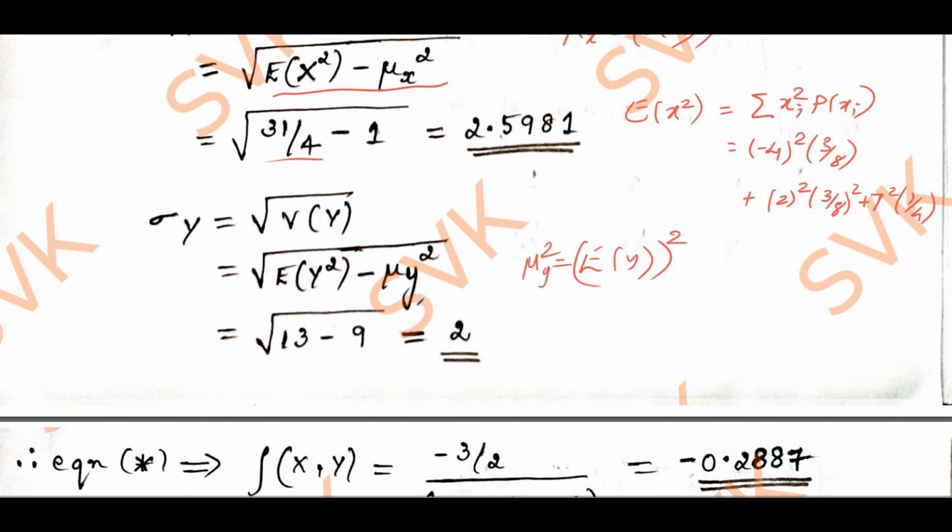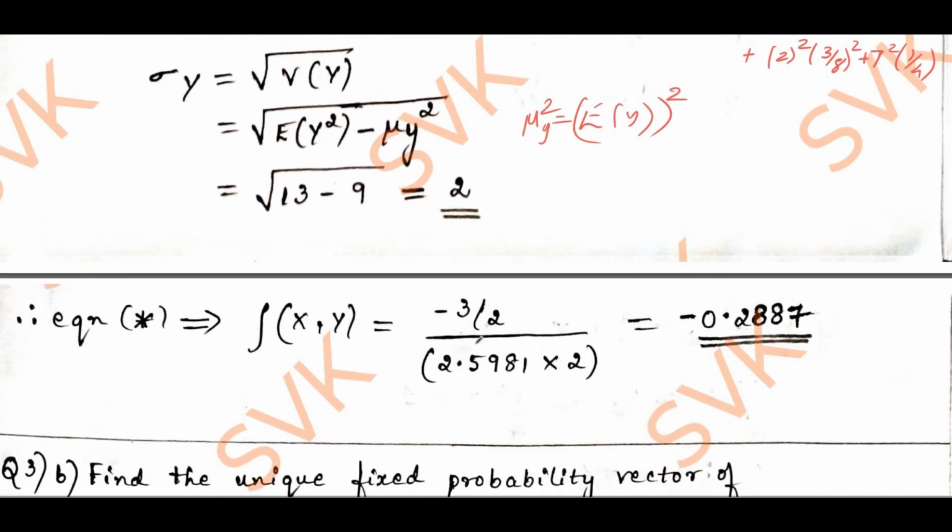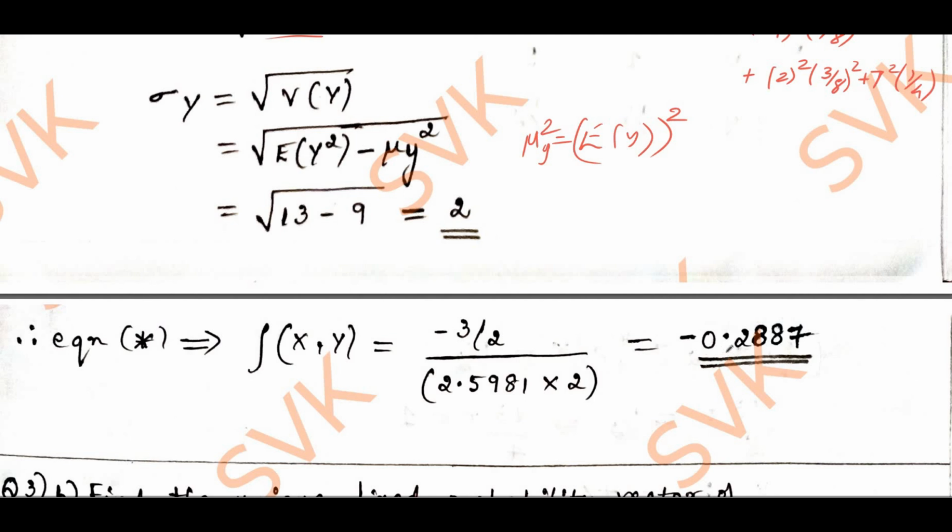So solving that part and substituting in the correlation coefficient formula, we are going to get the answer as minus 0.2887. I have substituted the covariance of x, y, and the sigma x and sigma y that I found. This is how to solve the marginal distribution and also the correlation coefficient.